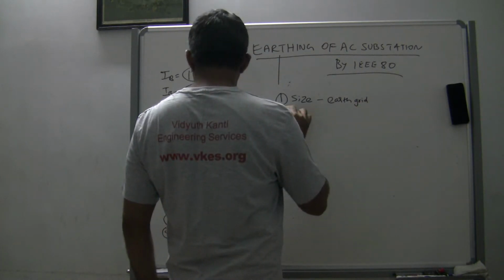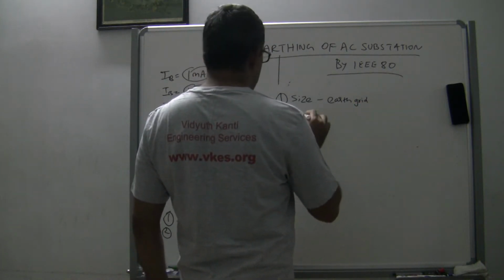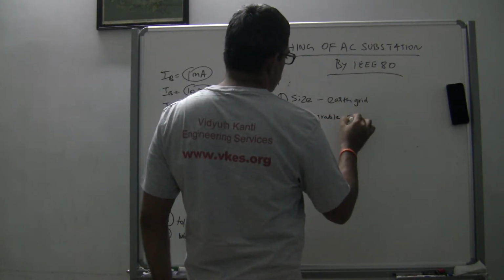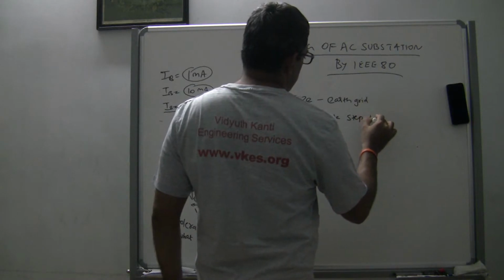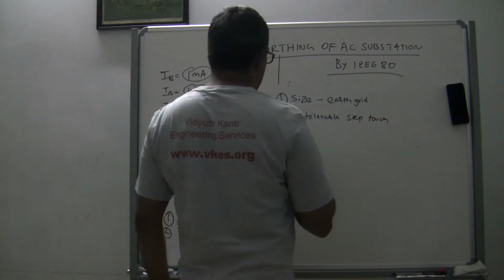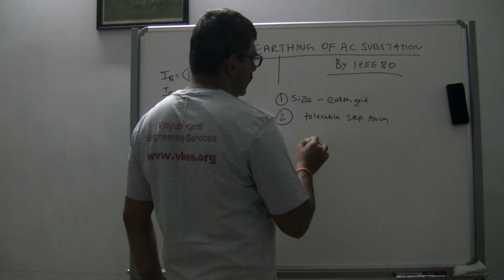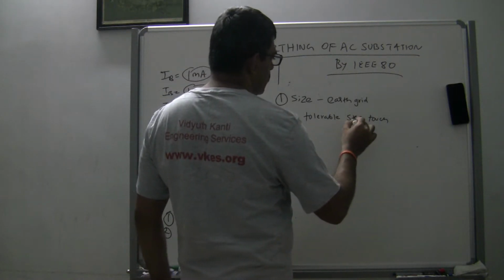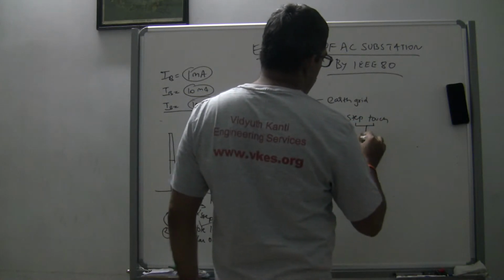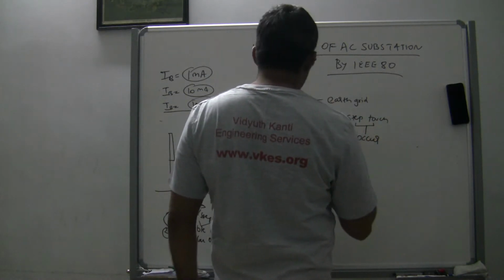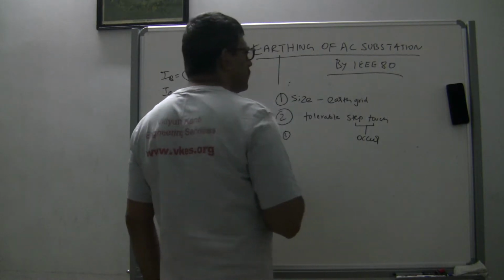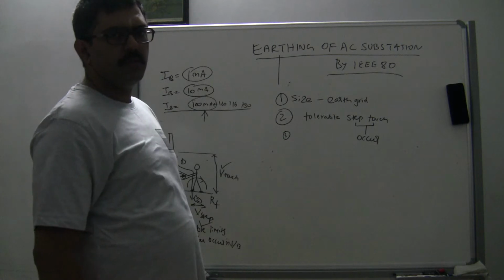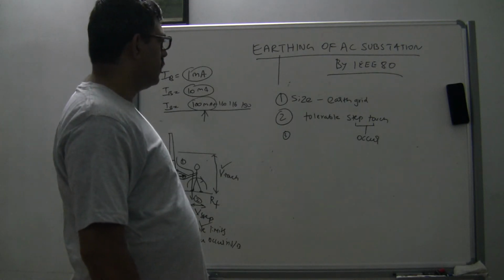Number two, we have to determine the tolerable step and touch potential. And then we have to determine the same step and touch voltage which will occur in our substation. If we do these three things, that's about the design.